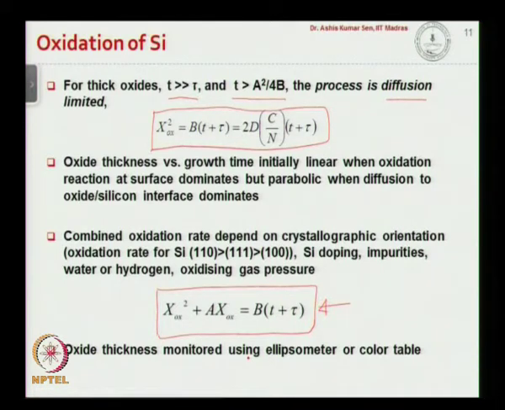So the combined oxidation rate would depend on the crystallographic orientation, okay. Depending on the orientation of the silicon substrate, the oxidation rate will vary. Typically it has been found that the oxidation for a 110 wafer is greater than 111, and that is greater than a 100 wafer.